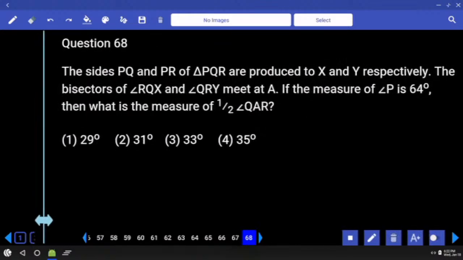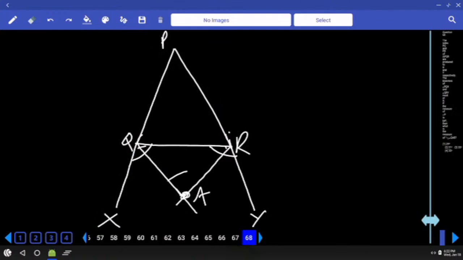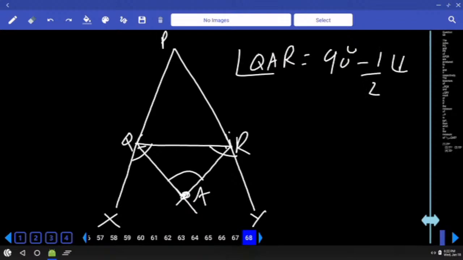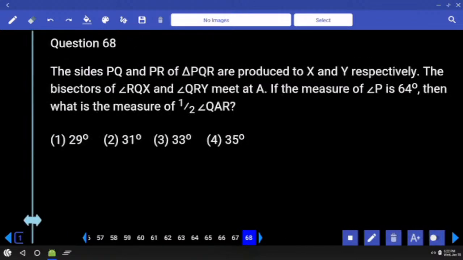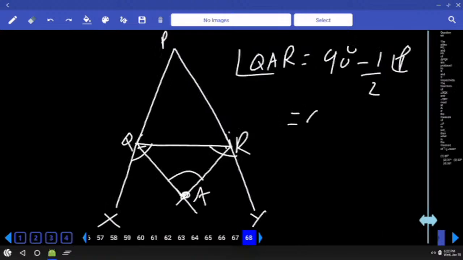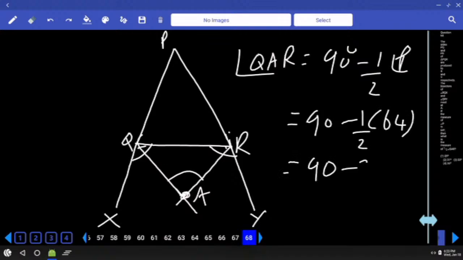It is asking what is half of angle QAR. We all know that when there are internal bisectors, it is 90 plus half angle P. When it is external bisectors, angle QAR is given by 90 minus half angle P. What is angle P given here? 64. 90 minus half of 64, which is 32.